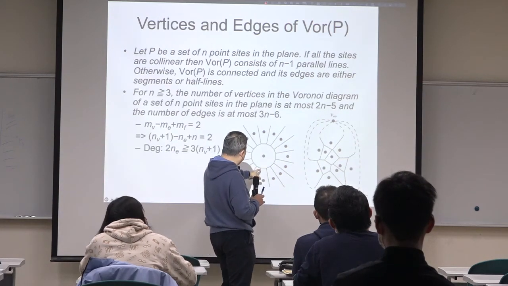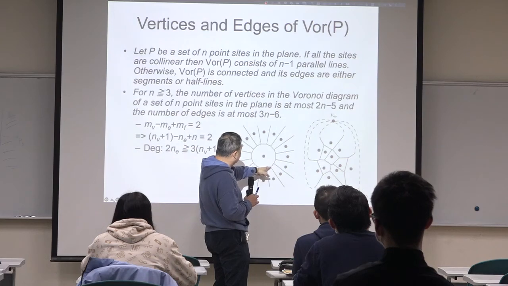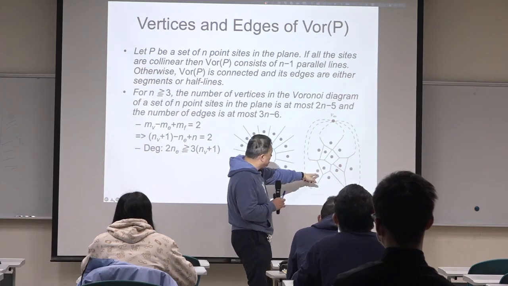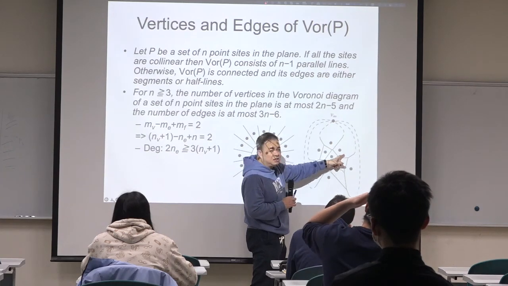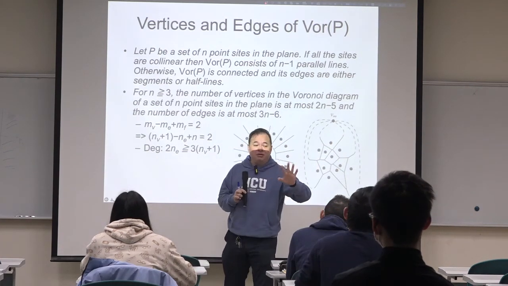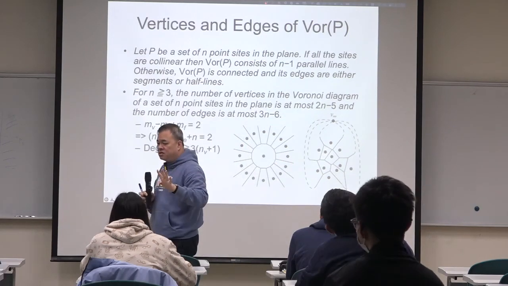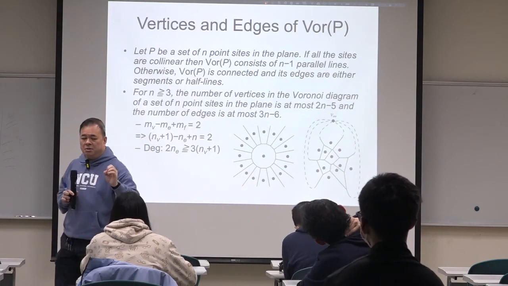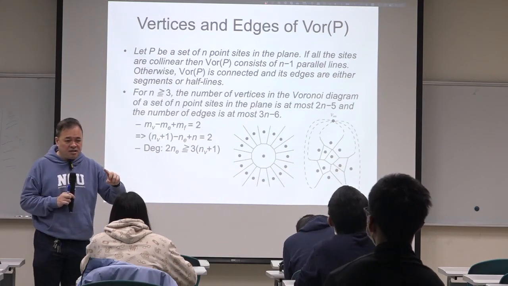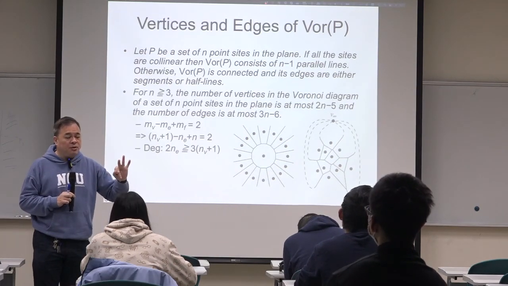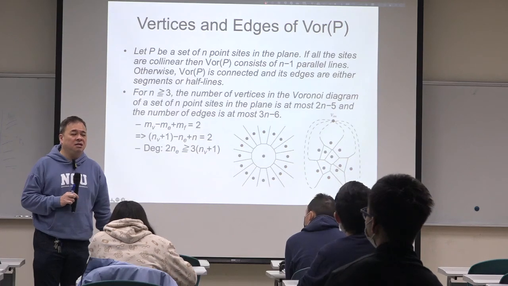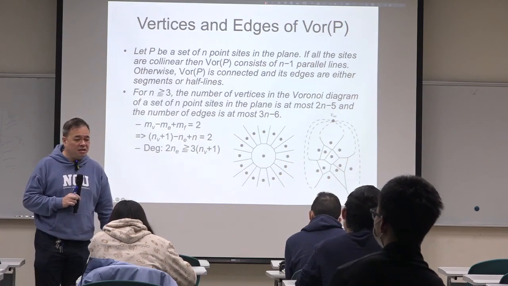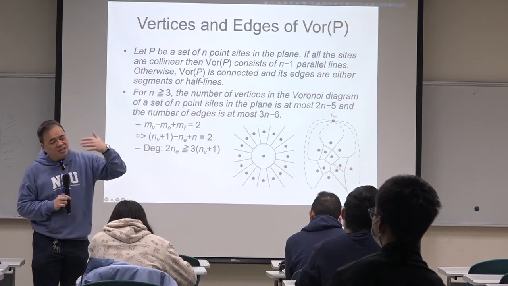Obviously you could have more than 3, but the degree of each vertex is at least 3. So using 3 to estimate the degree of each vertex is a lower bound, an underestimate.